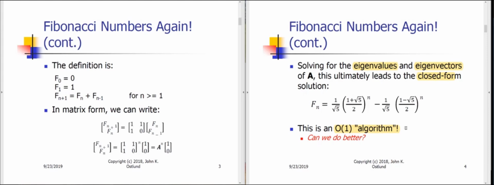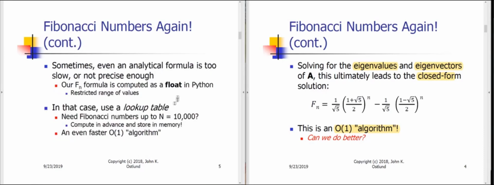Well, remember that performing things like square roots and powers and division is not free, and in finance in particular, we are always eager to get correct solutions as fast as we possibly can. So what can we possibly do that's better than this formula?